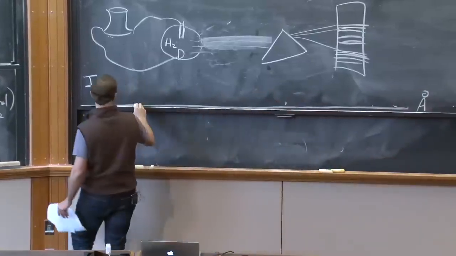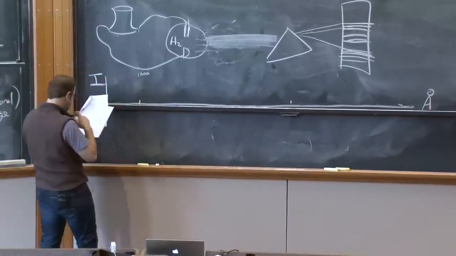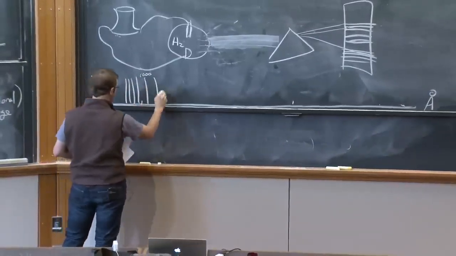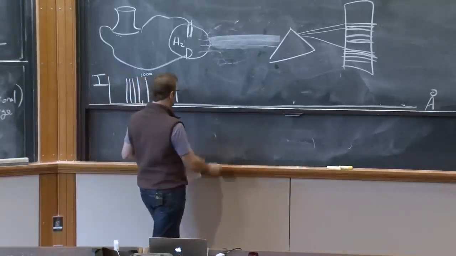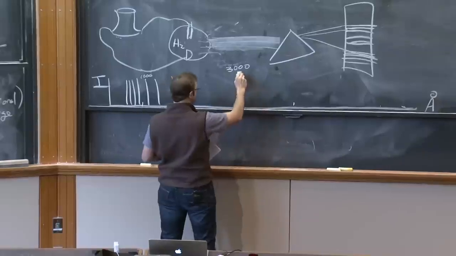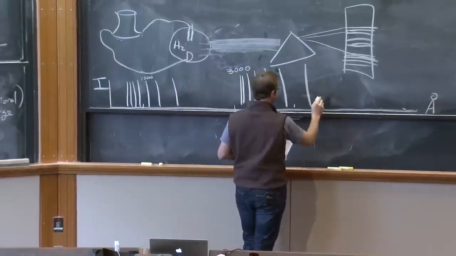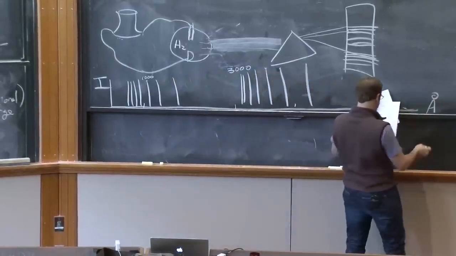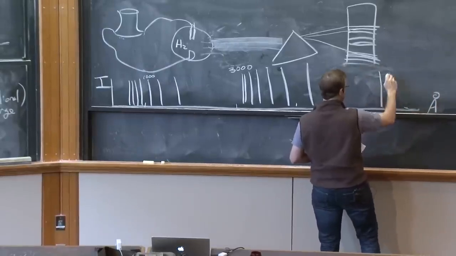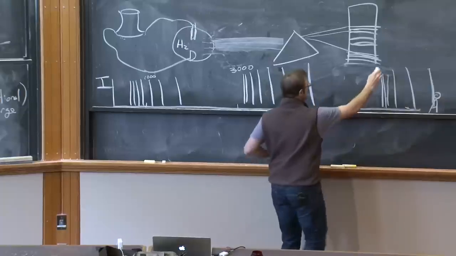What you discover is, here's around 1,000 angstroms, you get a bunch of lines. You get these spikes, and they start to spread out. And then there aren't so many. Then at around 3,000, you get another set. And then at around 10,000, you get another set.